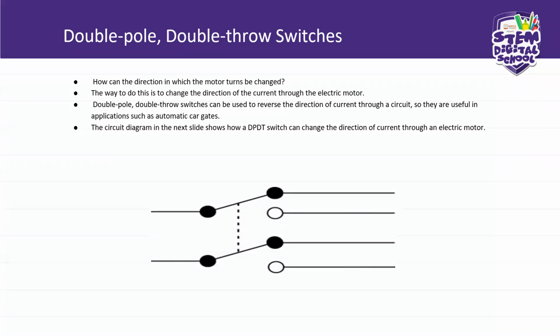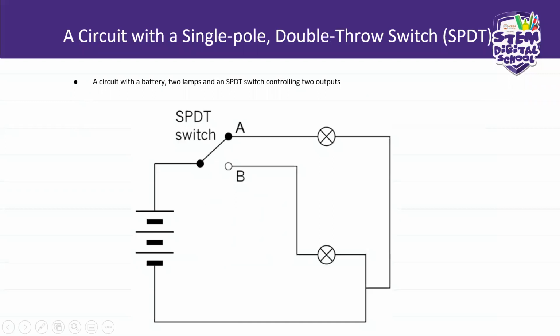Even the single pole double throw switch does change the direction of the current, because if you put it on throw A, then the current is going to this output. If you put it on throw B, the current is going to another output. So it does change the direction of the current.